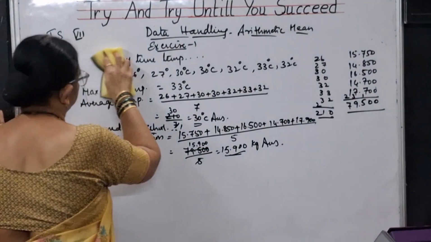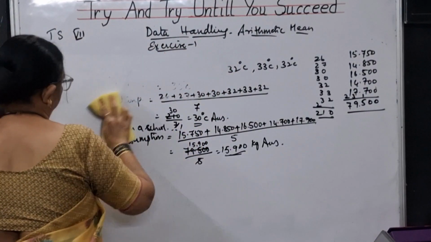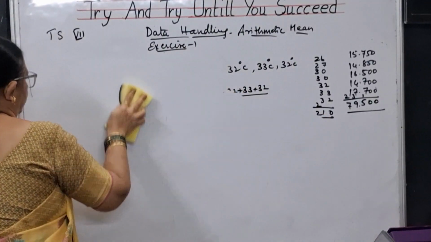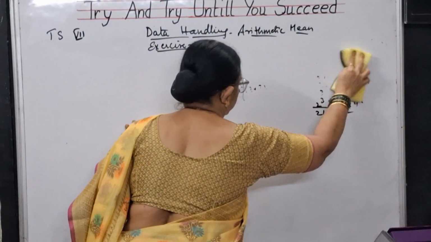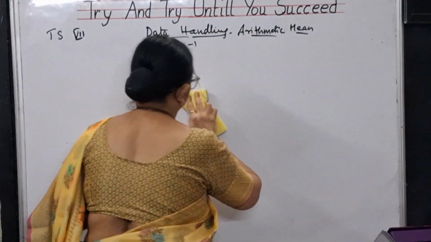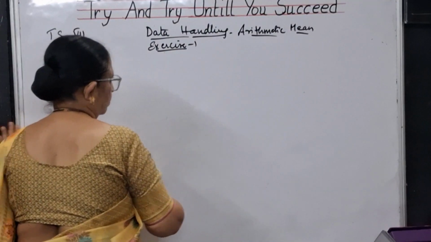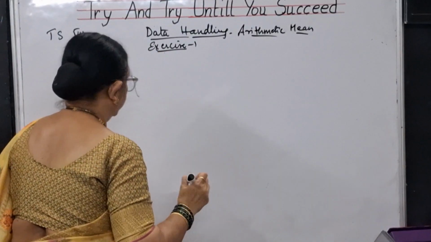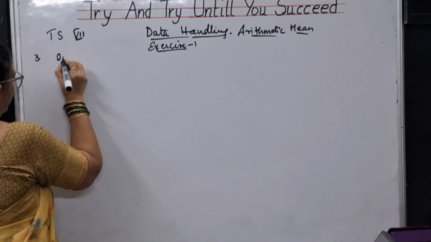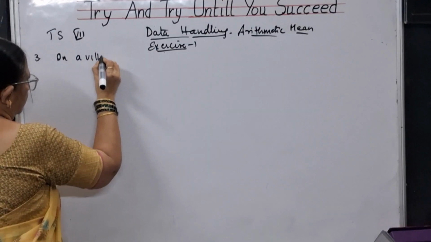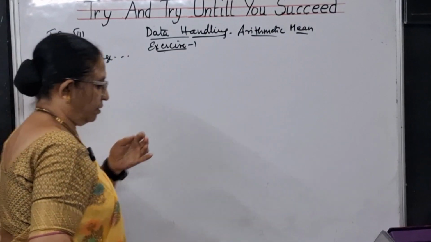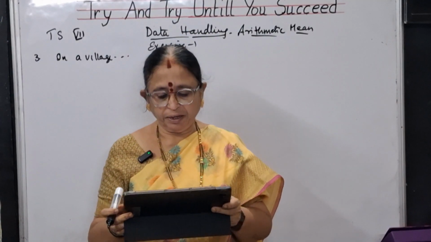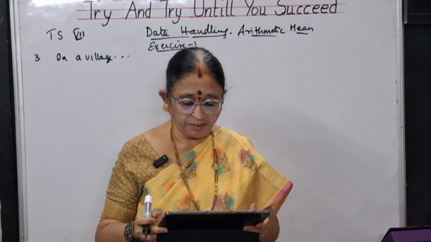Now let us see the third one. In a village, 3 different crops are cultivated in 4 successive years.